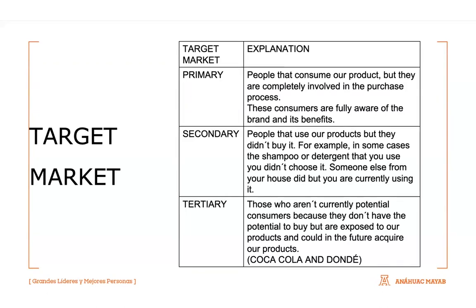And the tertiary, well, definitely are the ones that get an influence, could be your potentials, but they do not have the money or they are not using it right now, as a potential primary target market. So it's important that you understand the different types of target market in order to make a proper strategy for each one, and of course knowing the impact or the outcome that maybe is not going to be right away. It will take time.